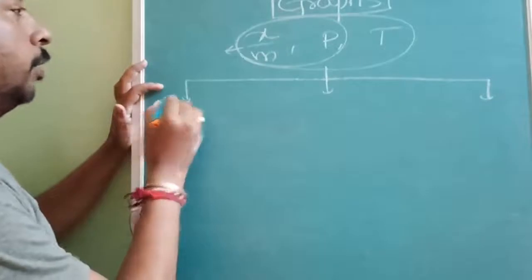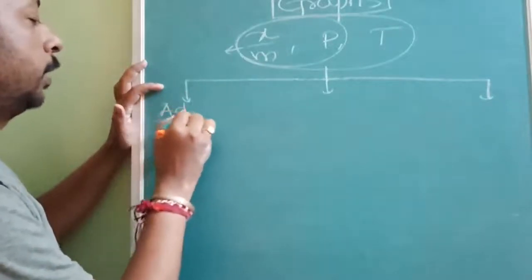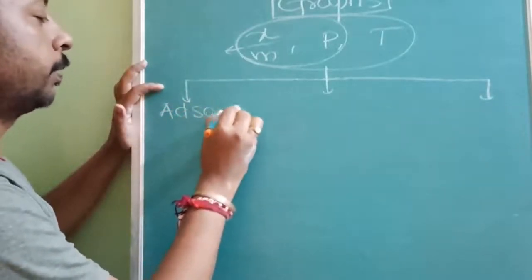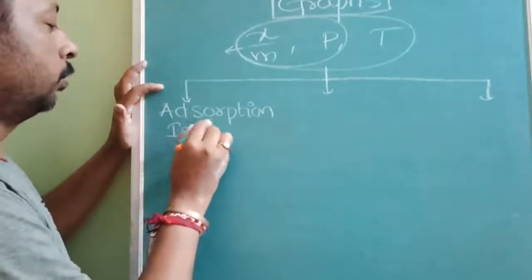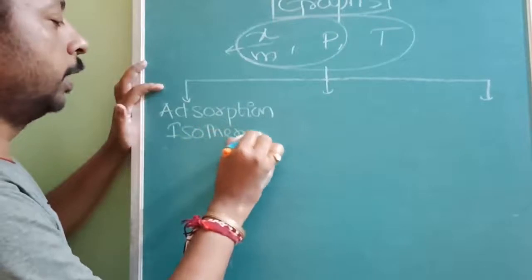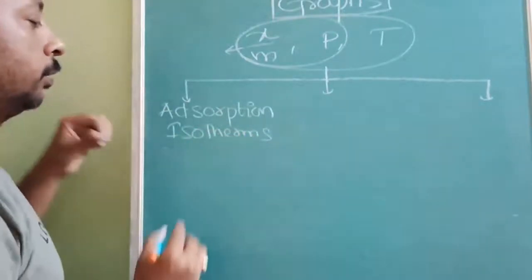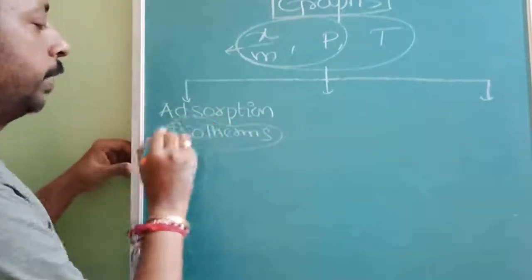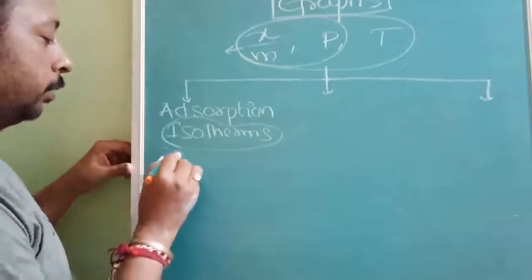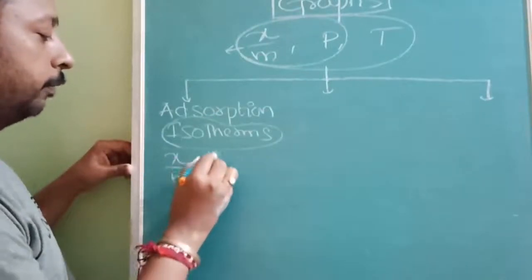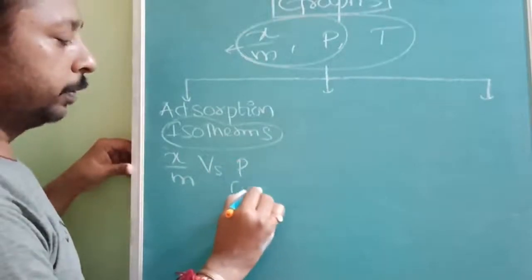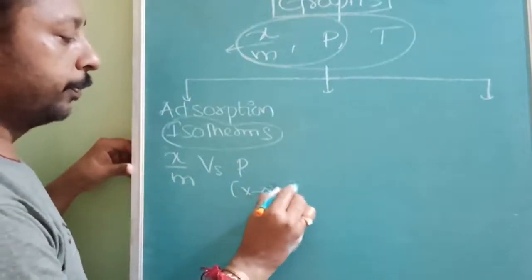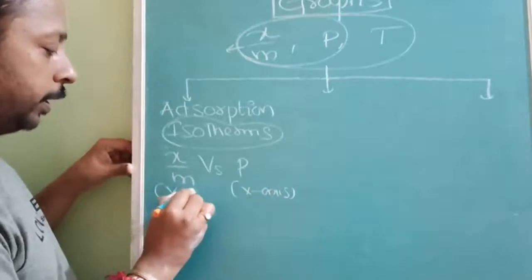Therefore they are called adsorption isotherms. So in the adsorption isotherm, temperature is constant. This will be x upon m versus pressure, taken on the y-axis and x-axis respectively.